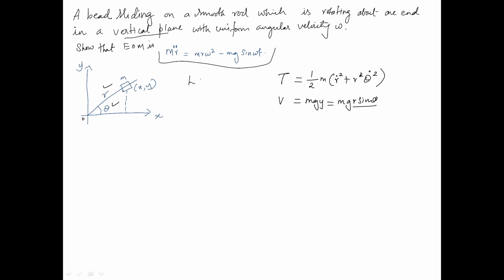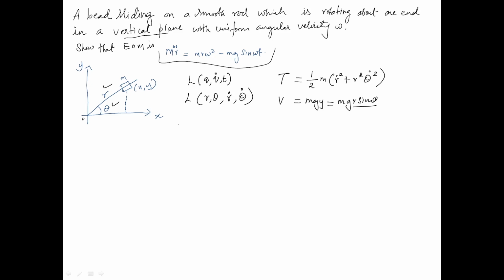The Lagrangian is a function of q and q dot and t. Here we have two coordinates, r and theta, so we will have r dot and theta dot. We don't have t explicitly in the system, so it is a function of r, theta, r dot and theta dot.